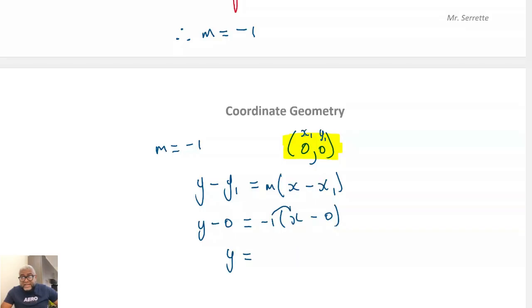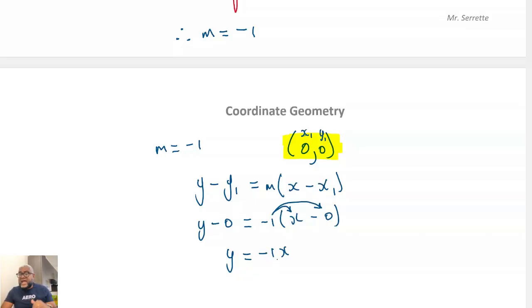Negative 1 by x, negative 1 by 0, right? Negative 1 by x will be negative 1x, and negative 1 by 0 is just 0. That cancels, right? Anything plus or minus 0 would be the thing itself, right?